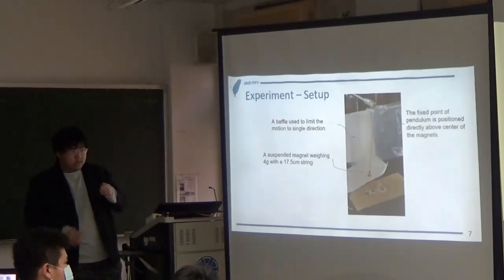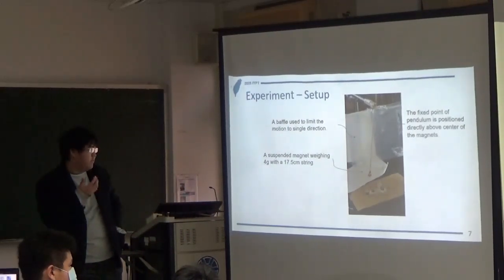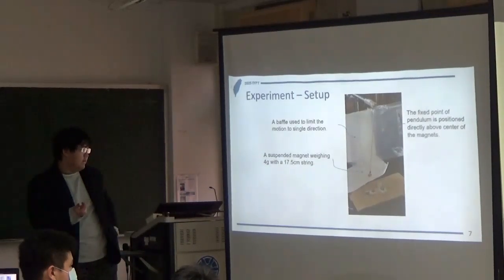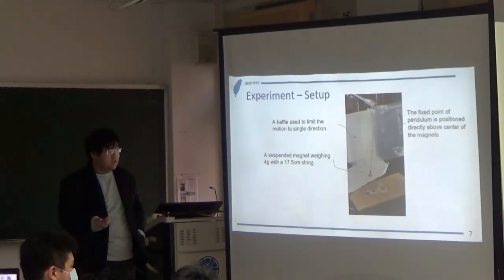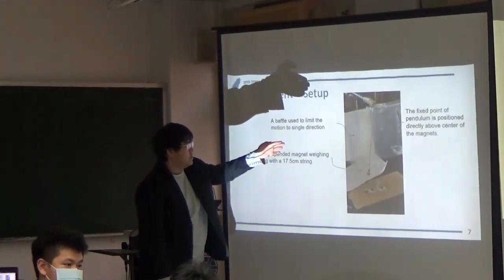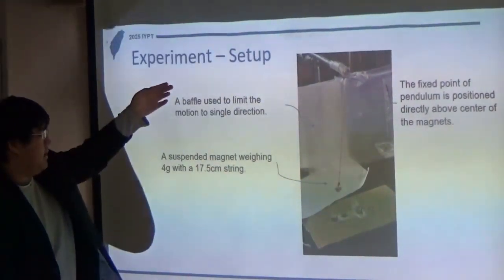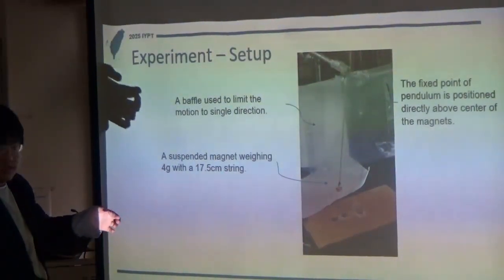We use a suspended magnet weighing 4 grams with a 17.5 centimeter string, and the fixed point of the pendulum is positioned directly above the center of the magnets or one magnet.